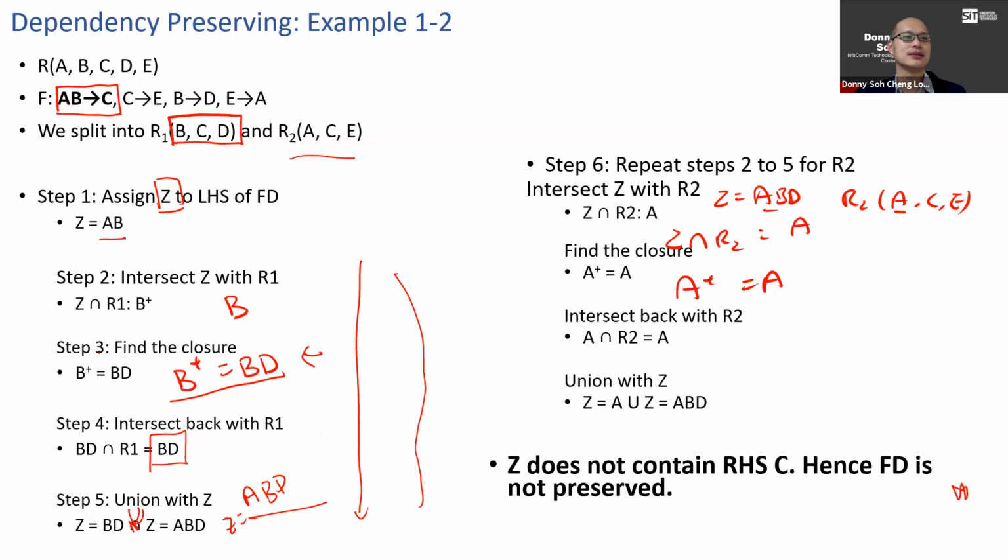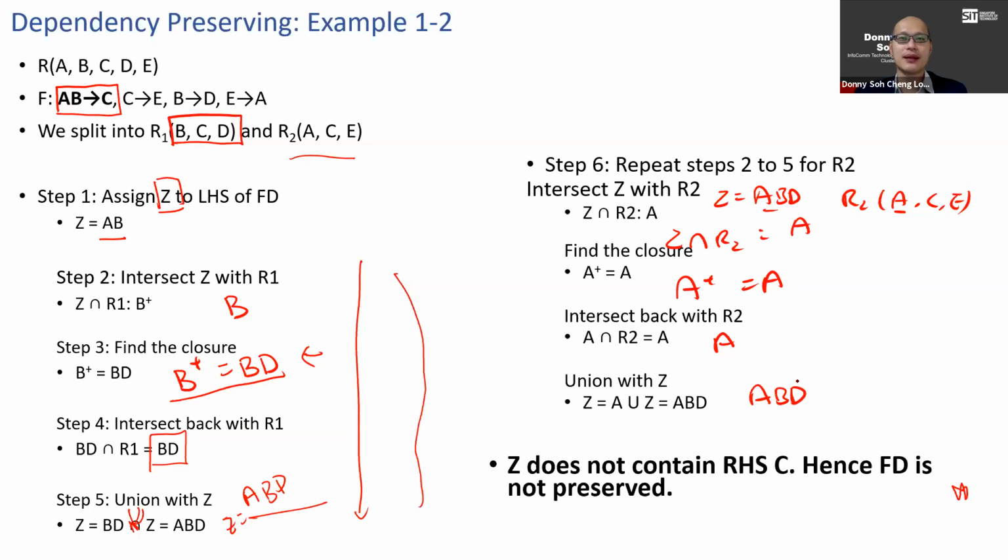Then I intersect with my table, which gives A, and I union it back to my Z, which is A, B, D.